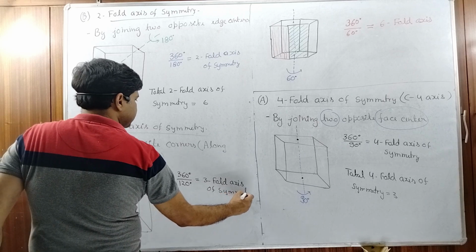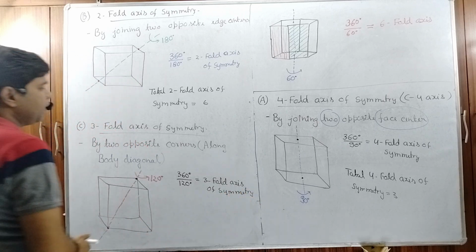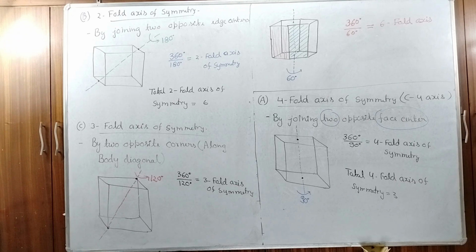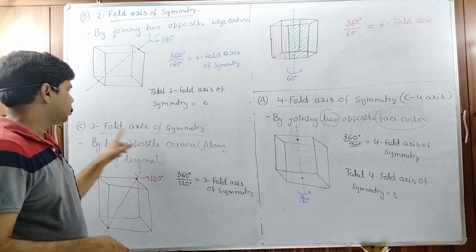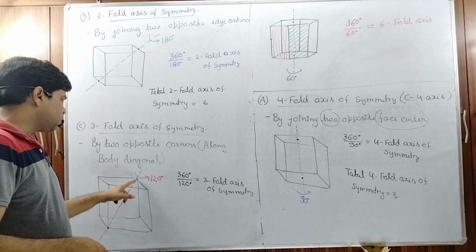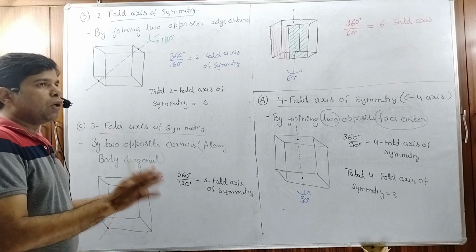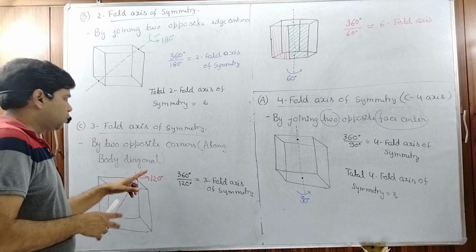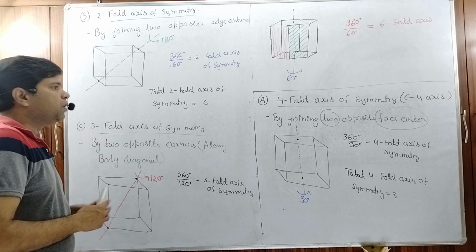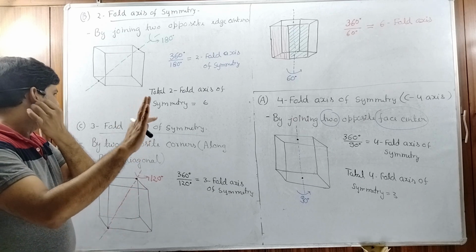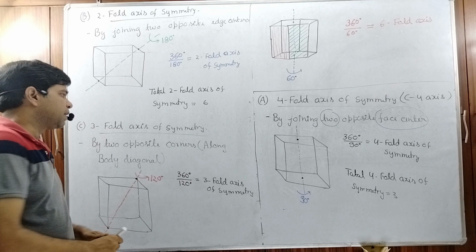How many such axes of symmetry do we have? How many corners are utilized? To obtain a three-fold axis of symmetry, one time we use two corners. Total number of corners is 8. Two corners will give one three-fold axis, so 8 corners will give 4 C3 axes of symmetry.